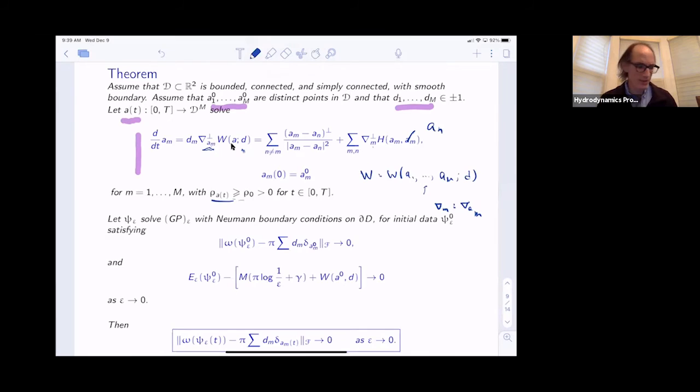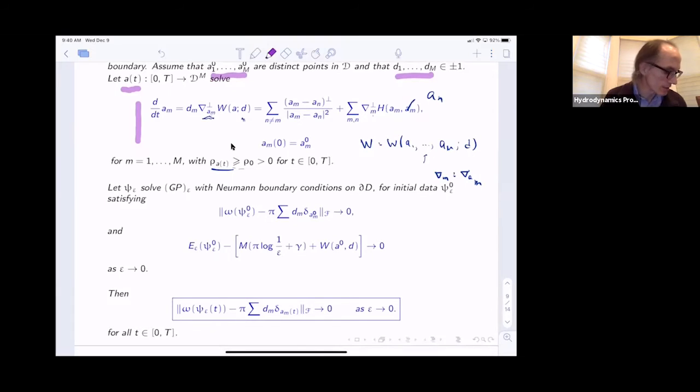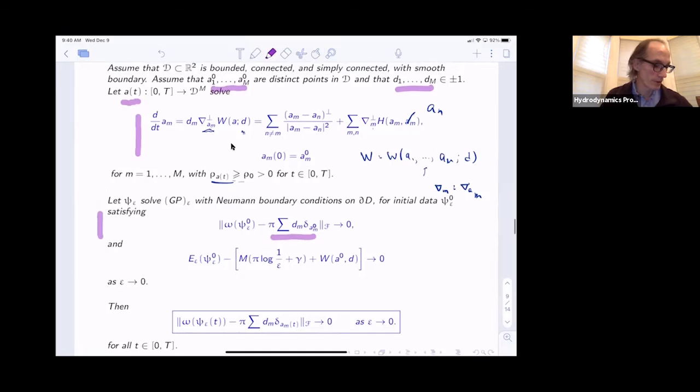Okay, so now I solve the Gross-Pitaevskii equations with Neumann boundary conditions. And here are my assumptions on the initial data. I assume that the vorticity is initially concentrating around these points up here. So I have these points which are initial data for the point vortex ODEs. And then I assume that for the PDE, the vorticity is concentrated around these points with the right signs.